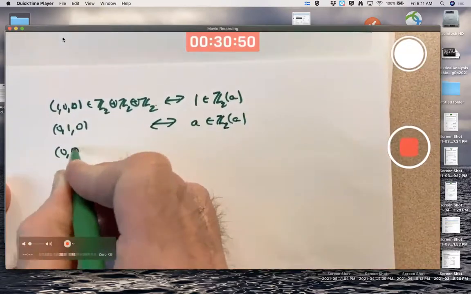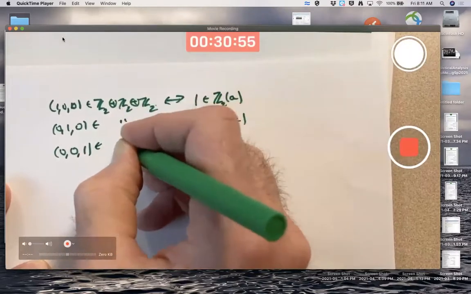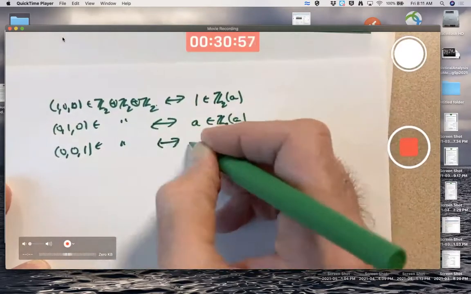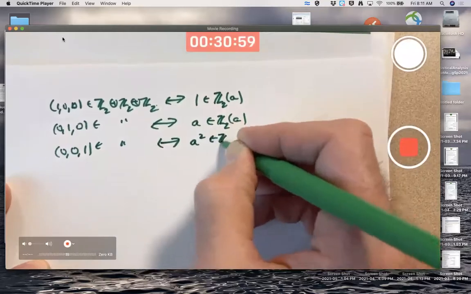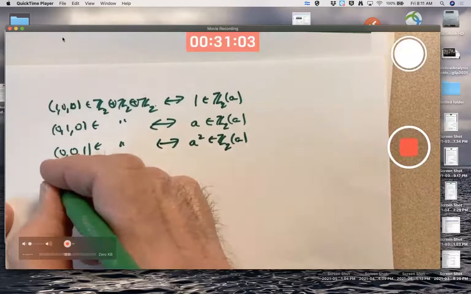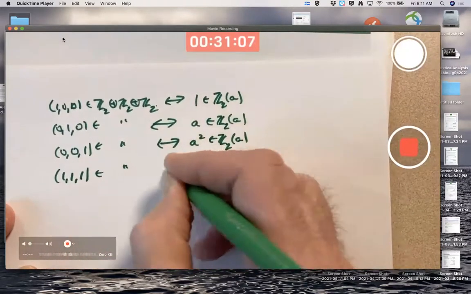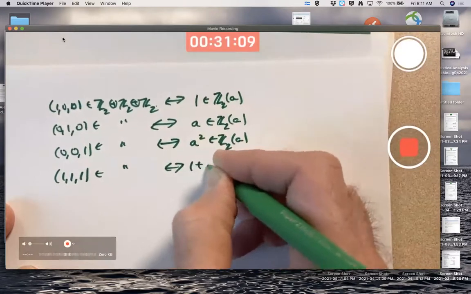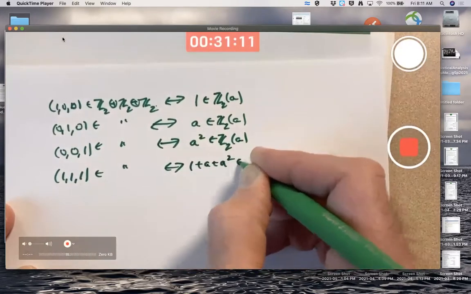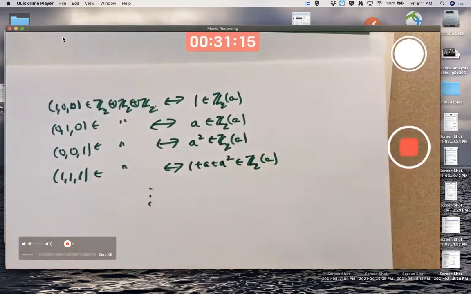And 0, 0, 1 could be thought of as corresponding to a squared. And this would also imply things like 1, 1, 1 corresponds to 1 plus a plus a squared, if you like. That would be a natural way to match up these groups.